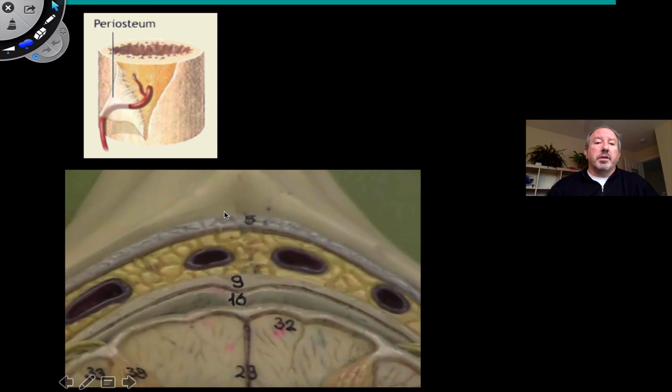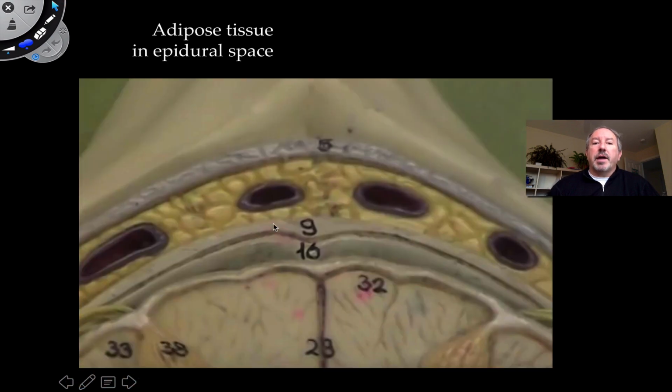And the periosteum, as you could see, is going to be connected, this gray area, to this fatty material below, and these are blood vessels. And this fatty or adipose tissue below is what's known as the epidural space, right in here. So there's this epidural space that surrounds the spinal cord. And these three layers right here, this one, and this one, are the three levels of the meninges right in here.